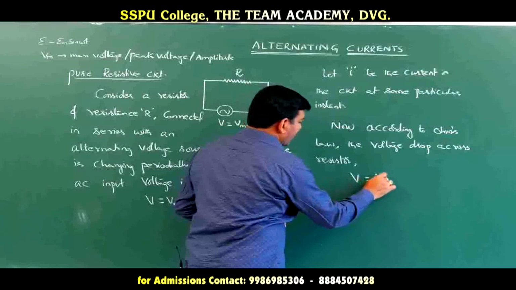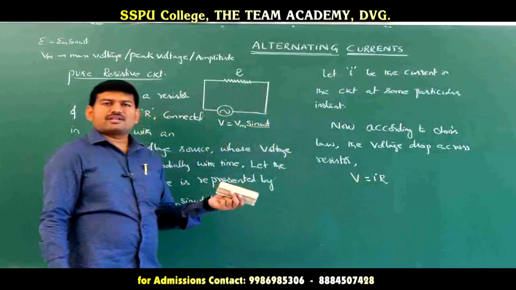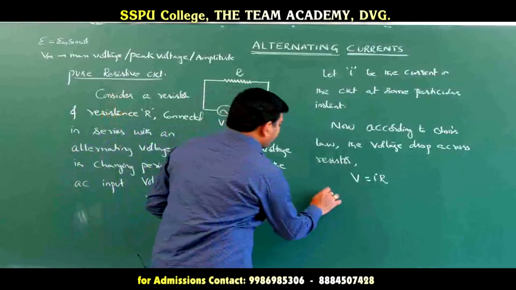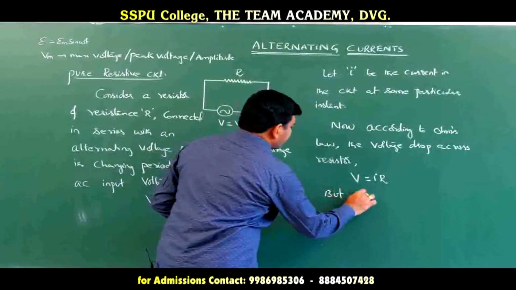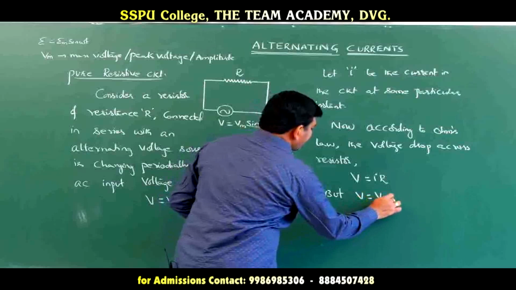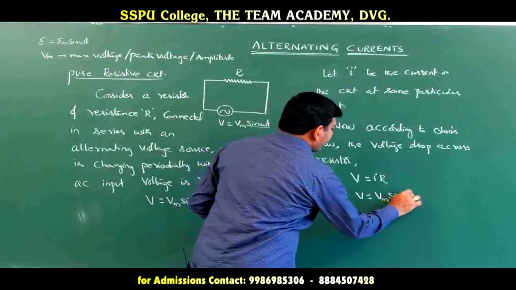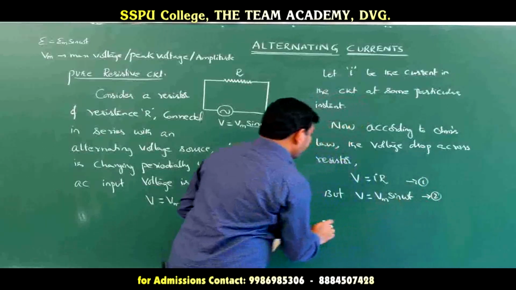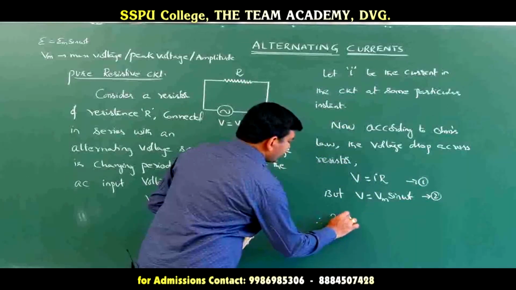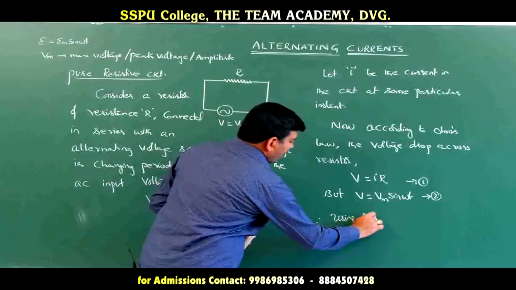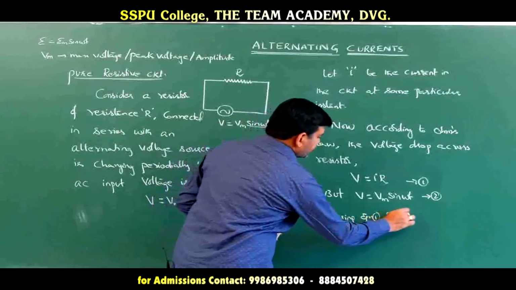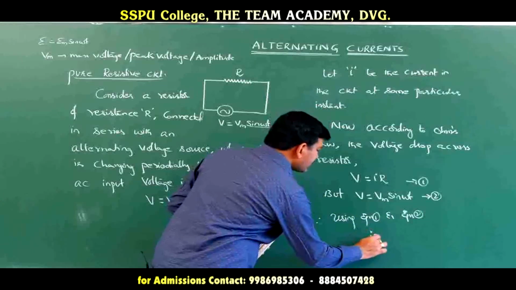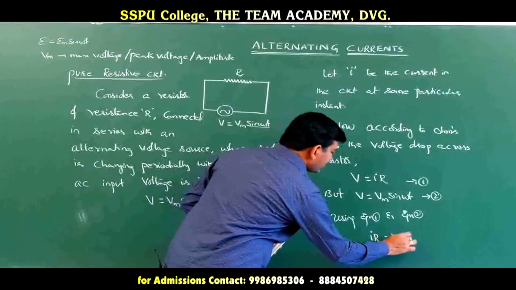I into R. But the applied voltage is V is equal to Vm sine omega t. Therefore, using equation 1 and equation 2, what can I say here? I into R is equal to Vm into sine omega t.